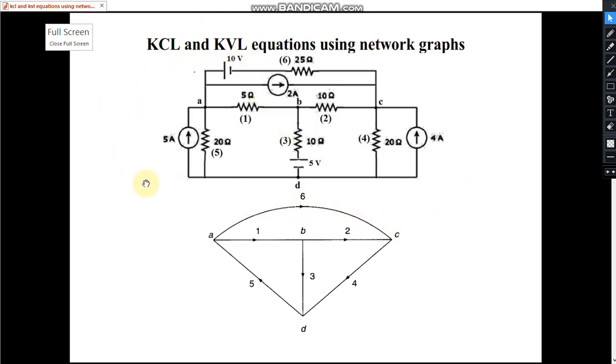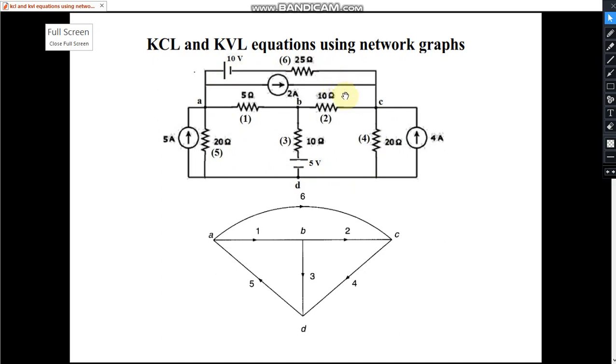Actually, this network you must have solved in your assignment problem in the second course, in the course of software techniques for electrical engineering applications. So this assignment you have solved and you already know the final answer. Now here, instead of solving it using PSpice, there you have solved it using PSpice, and most of the students have submitted that assignment.